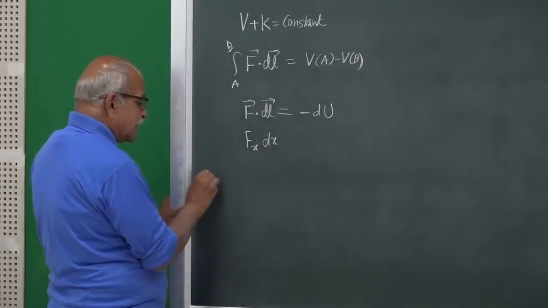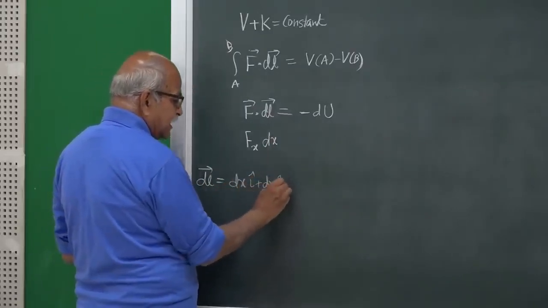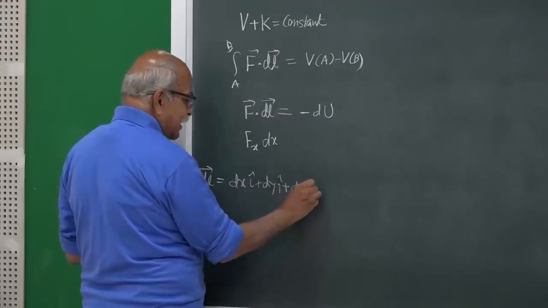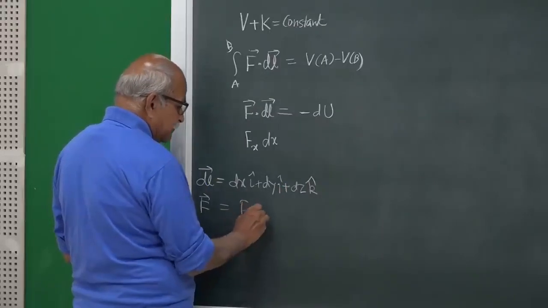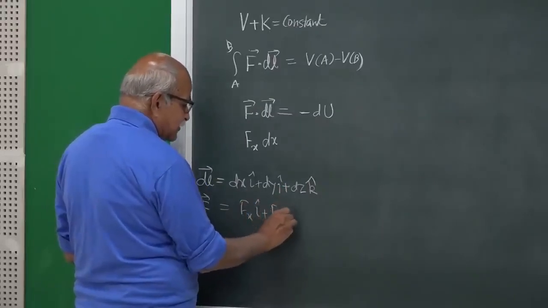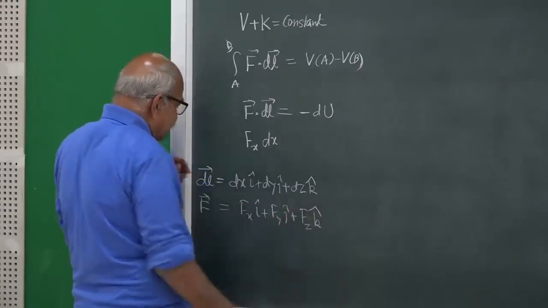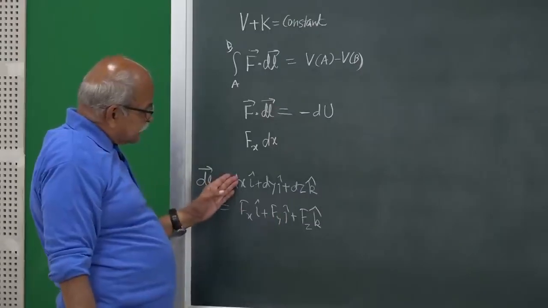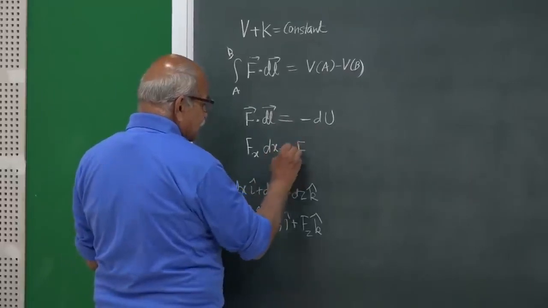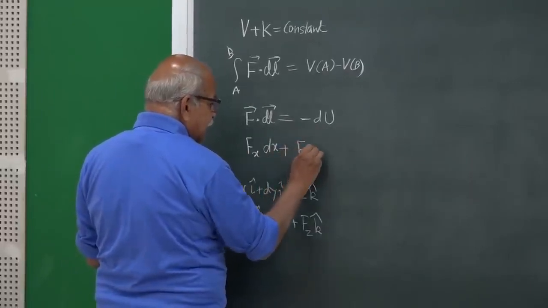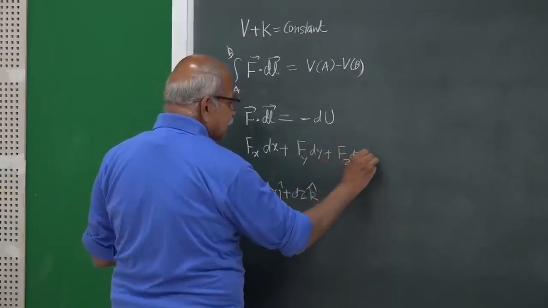So, dl you can write as dx i cap plus dy j cap plus dz k cap, and F you can write as Fx i cap plus Fy j cap plus Fz k cap, and if you take the dot product, it is Fx dx plus Fy dy plus Fz dz. So, this is Fx dx plus Fy dy plus Fz dz, this is dV.